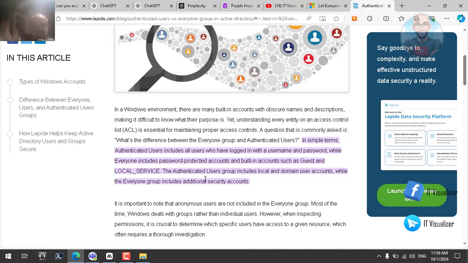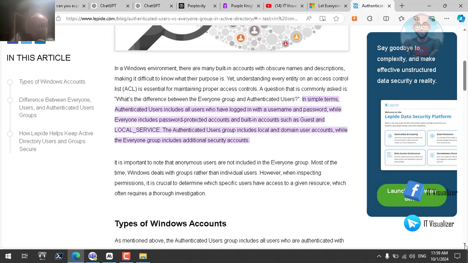So the Everyone group contains some of the most important accounts, for example, like the local service, and accounts like the guest account.